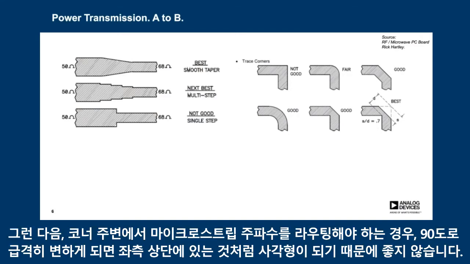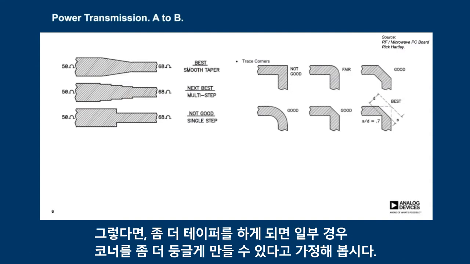Considering then the corners, where we have to route the microstrip around a corner, an abrupt 90-degree turn, if we have it in a square, like it is here on the top left, that's not good.